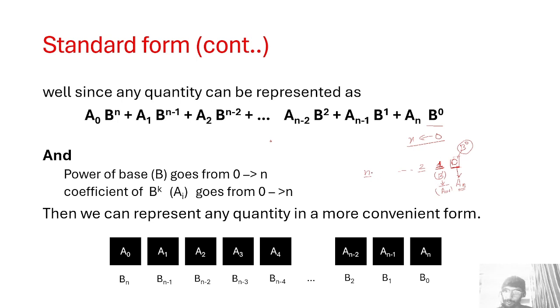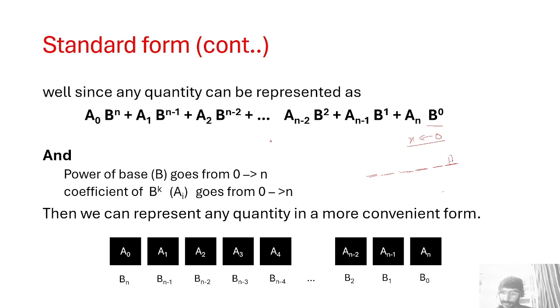In a similar way, for the nth position, which is b power n, we will have a_0 as the coefficient. So it is more convenient to only write the coefficients, as how and where you are placing them.